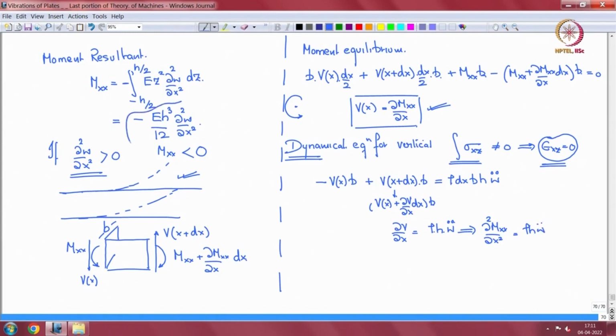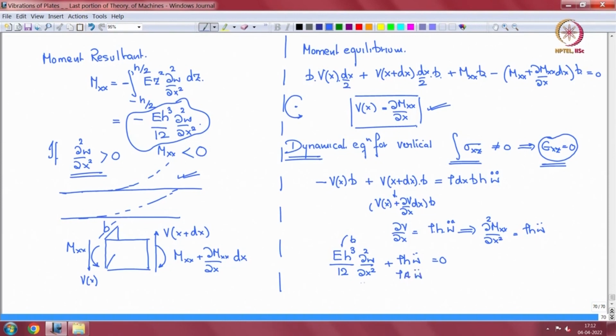But finally my Mxx is this, and therefore I get E h cube by 12 del 2 w by del x square plus rho h w double dot equal to 0. Usually we put in a b over here, and this becomes the area.